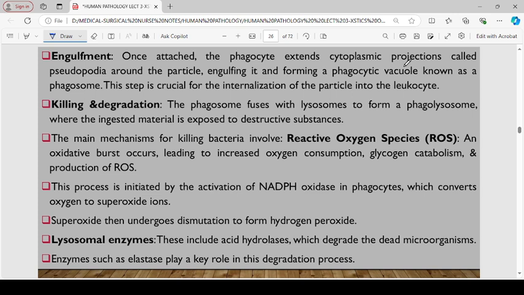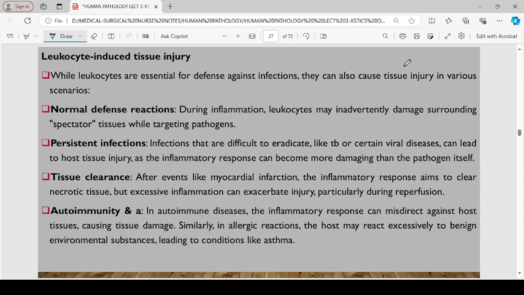Then we have the lysosomal enzymes. These include acid hydrolases, which degrade the dead microorganisms. We also have enzymes such as elastase, which normally play a role in the degranulation process. So we have what we call leukocyte-induced tissue injury. As leukocytes are essential for defense against microbes, they can also mistakenly attack other cells, right?